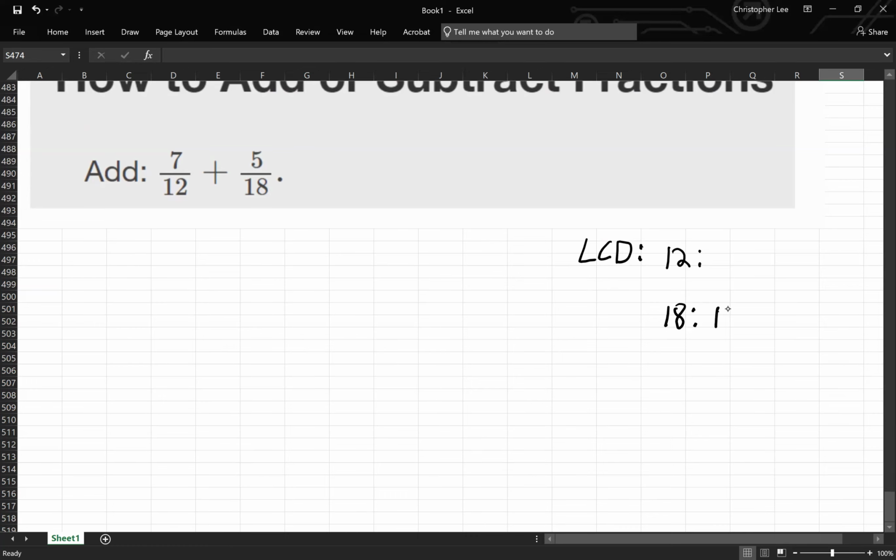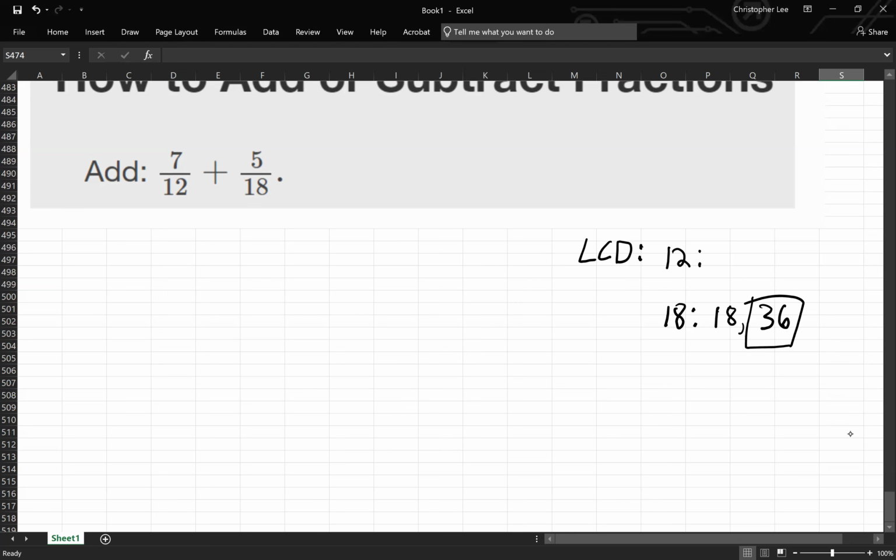Double 18 now, so 18 times 2. What's 18 times 2? 36, right? Does 12 go into 36? That's your LCD done.